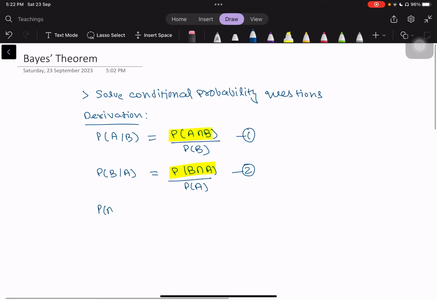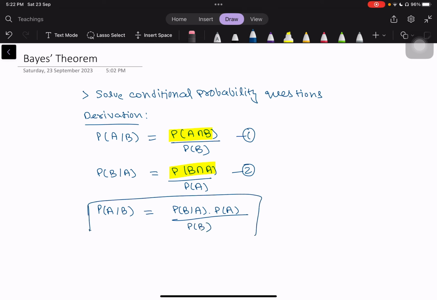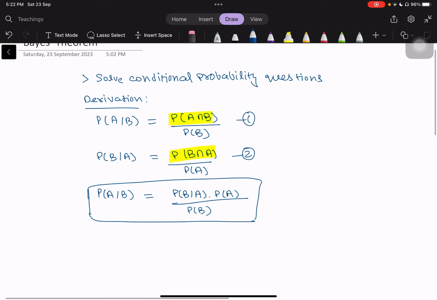So we get probability A given B is equal to probability B given A multiplied by probability of A divided by probability of B. This is what we get, and this is what Bayes' theorem is.